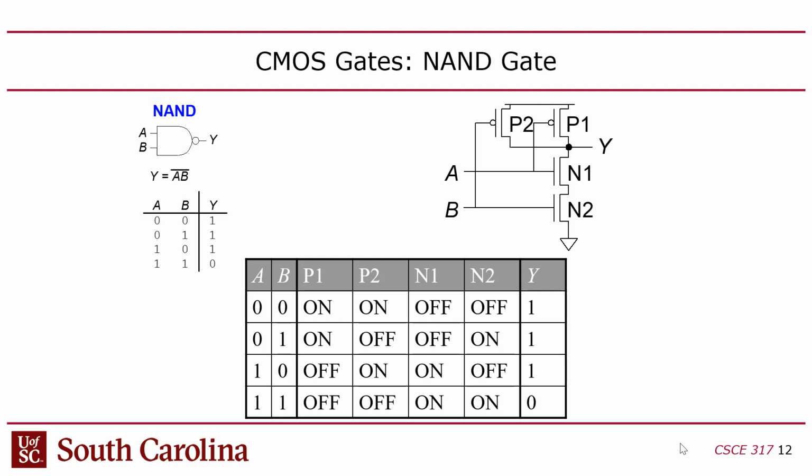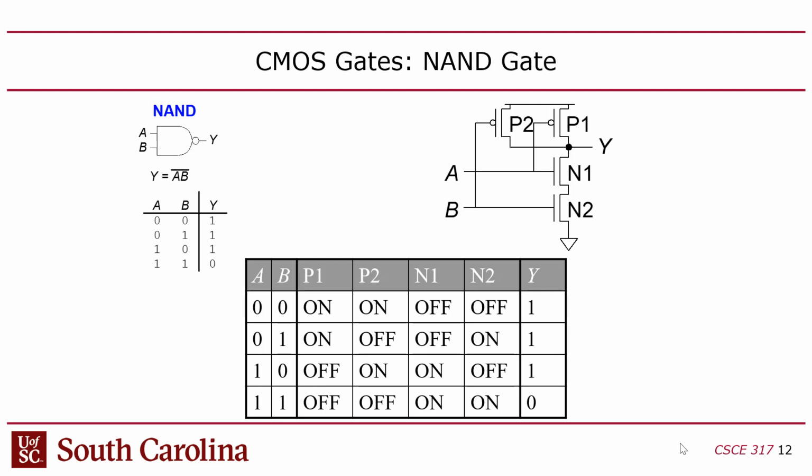But because the PMOSs up here are in parallel, if either one of these is on, in other words, if either input is 0, then it will be enough to turn on at least one of these two pull-up transistors and pull the output up to VDD. Make sense? All right.